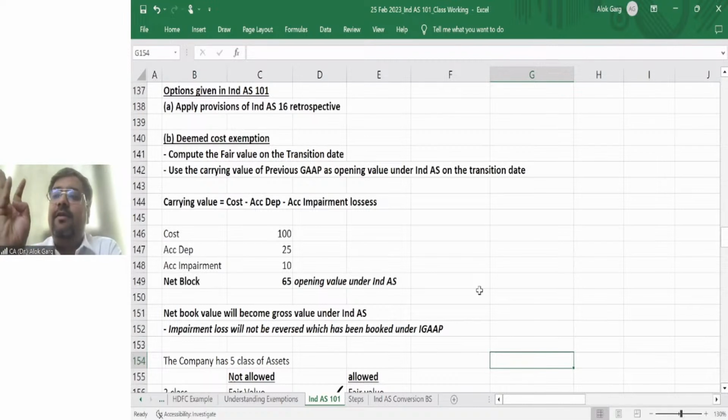But for aircraft, furniture, fixtures, and plant and machinery, the company wants to apply the carrying value exemption, meaning whatever previous GAAP value is there becomes the opening value under Ind AS, right?